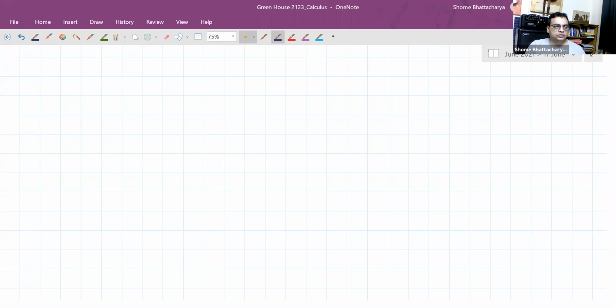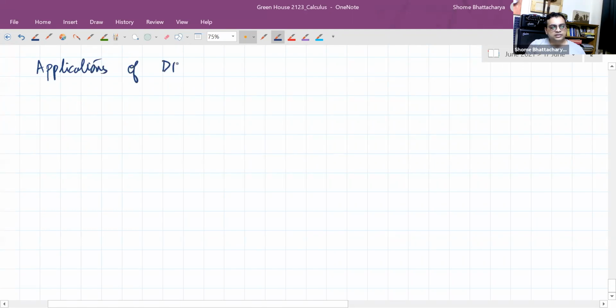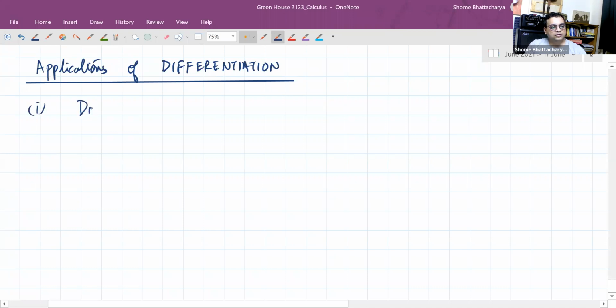So in general, applications of differentiation. The first type of application: differentiation is what we call a rate measurer. It measures the rate of something.